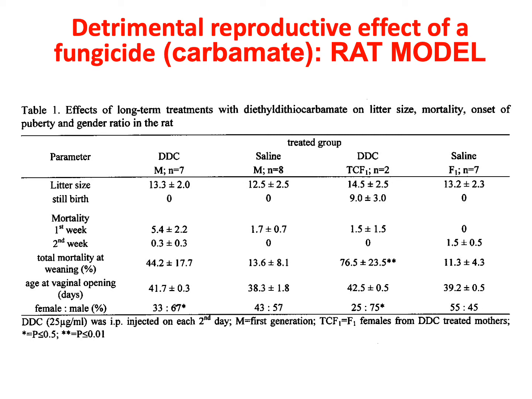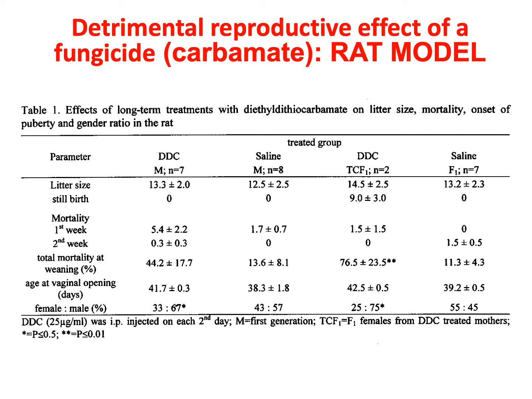They control the saline injection. In the first column, M, first generation, maternal generation, experimentally virgin. And after, they used females from previously treated mothers to see the transgenerational effect of the fungicide, of the chemicals.